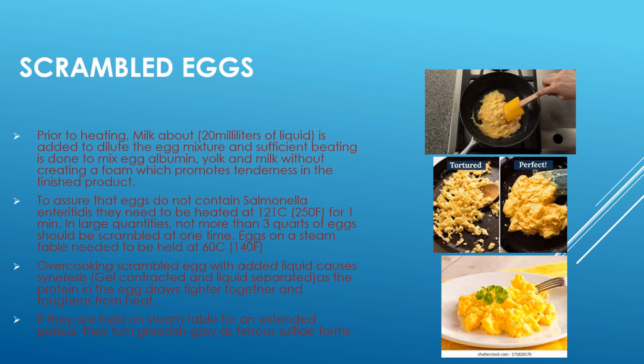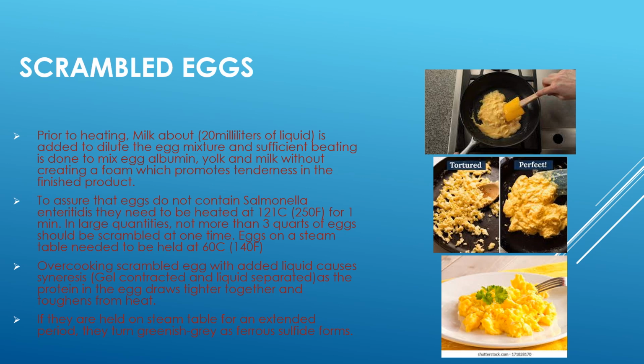Scrambled eggs. Prior to heating, the egg is mixed with milk, about 20 ml, which is added to the egg mixture. Here, the quantity of egg is not mentioned, though usually for one large to medium-sized egg, 1 tablespoon of milk can be taken.